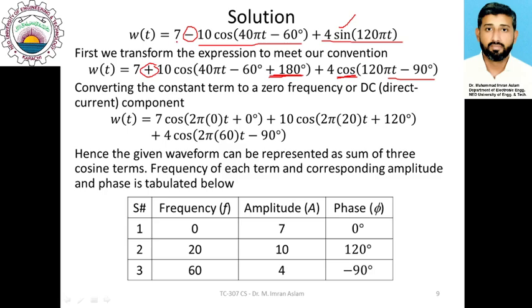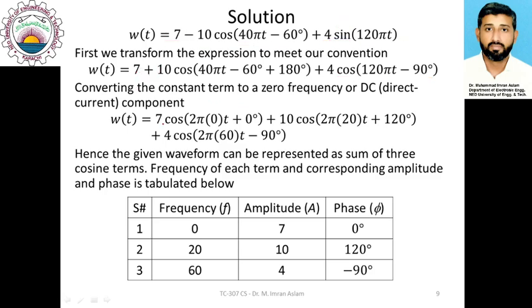The first term 7 here is actually a constant term. A constant term for voltage or current signals represents a zero frequency term or a DC component in the waveform. So actually we have a certain DC component. However, in order to make a consistent notation, we generally represent this constant term as a sinusoidal term with a zero frequency.